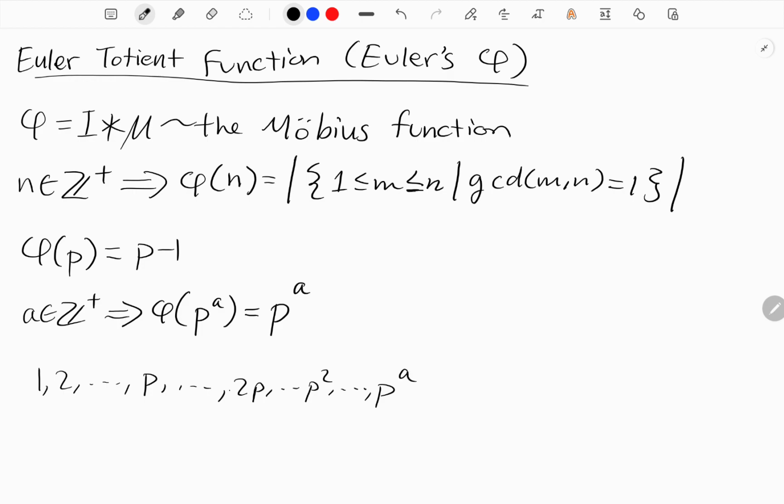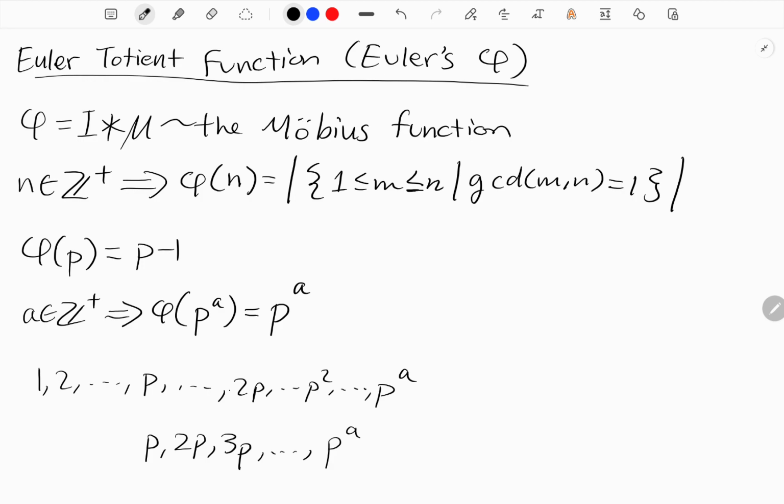So the only numbers that are not co-prime with p to the power of a are what? Well, p is not co-prime with p to the power of a, right? 2p is not co-prime with p to the power of a because they all have p's, right? 3p is not co-prime with p to the power of a, all the way up to p to the power of a, which is not co-prime with p to the power of a.